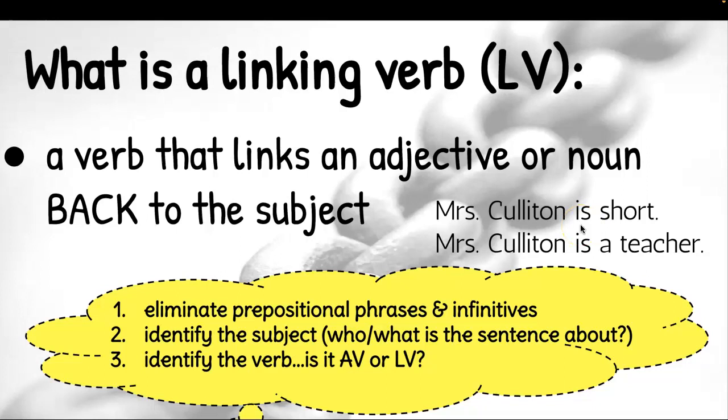Is a linking verb. In the first sentence, it connects an adjective back that describes the subject. Mrs. Culleton is short. It completes the thought of that verb. In this case, it's a noun. Mrs. Culleton is, I know it's a noun because it's got an A in front of it, a teacher. Teacher renames what Mrs. Culleton is.